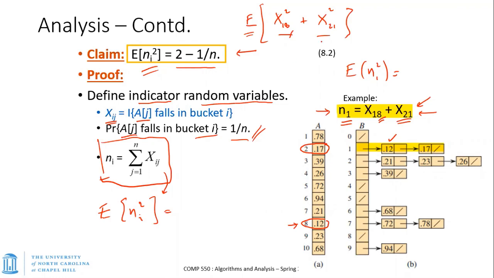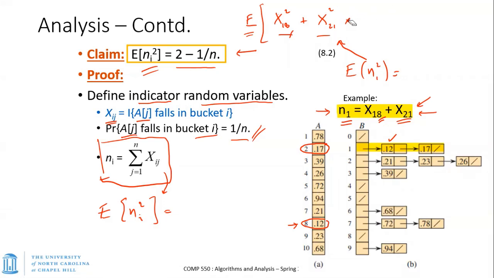Is this going to be right? We have two random variables, we're adding them together and we're squaring them. Right, that's what I was looking for.